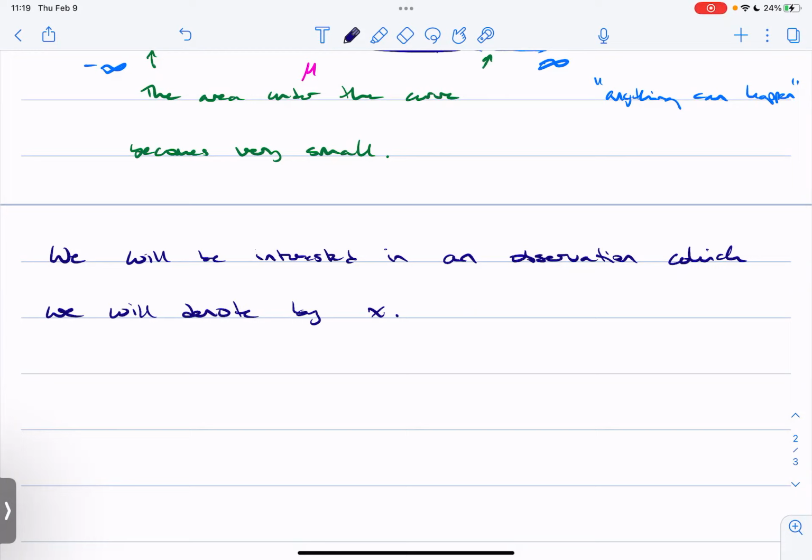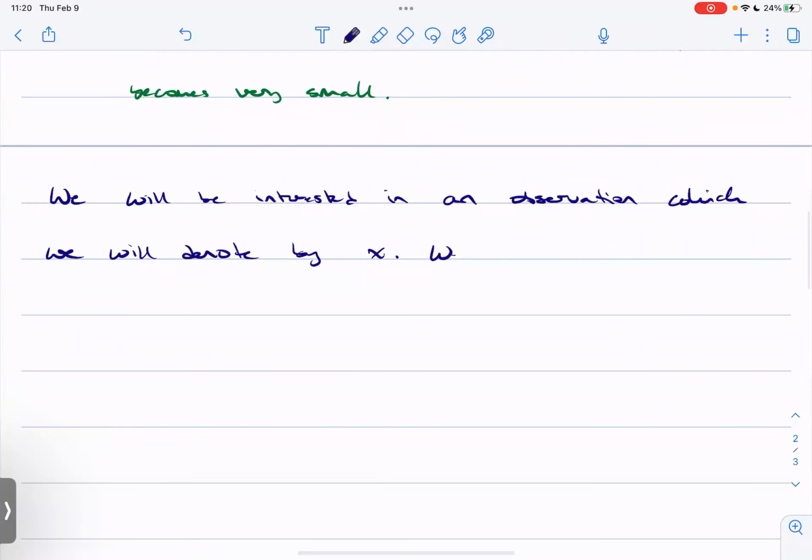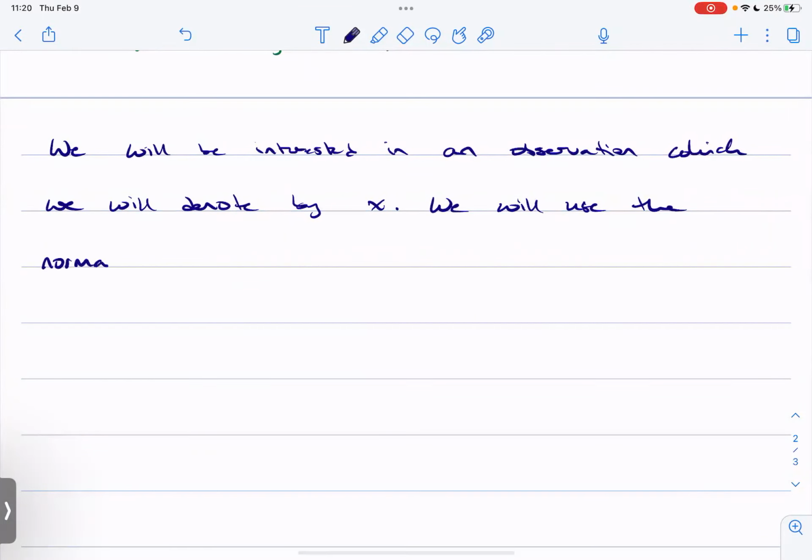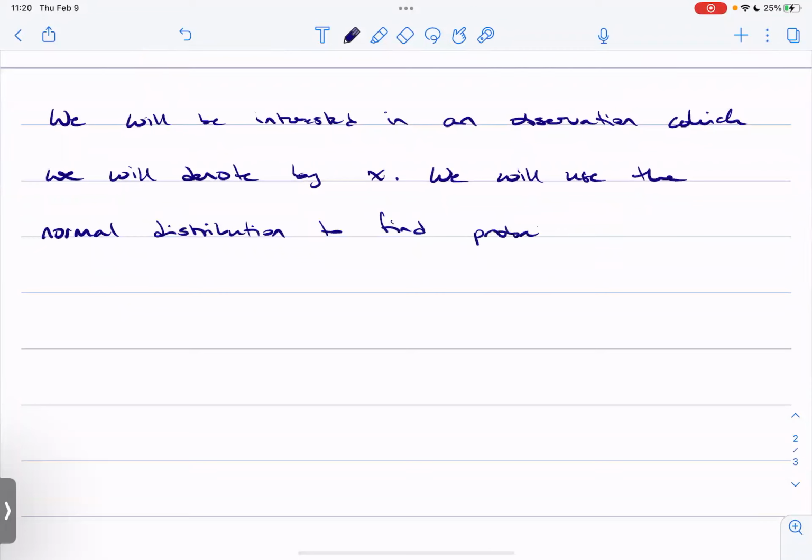We'll use the normal curve to find probabilities associated with x.